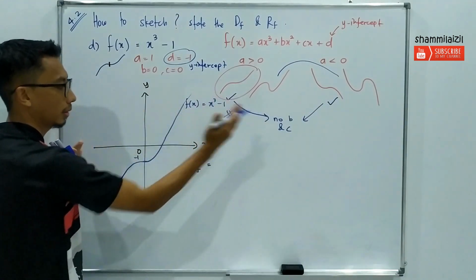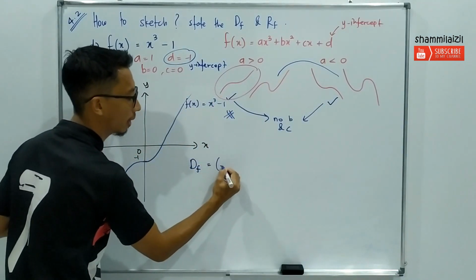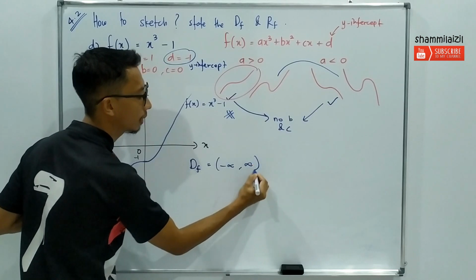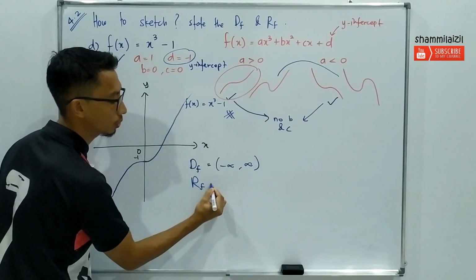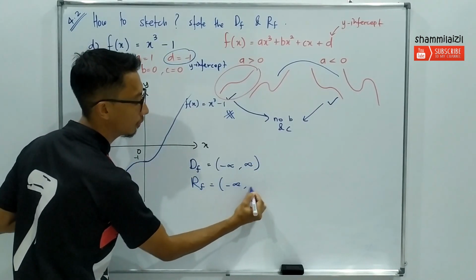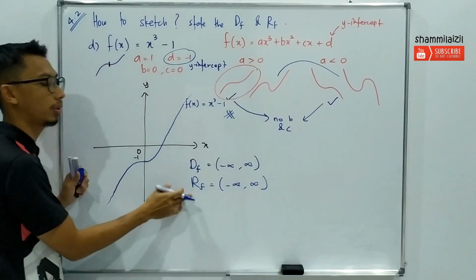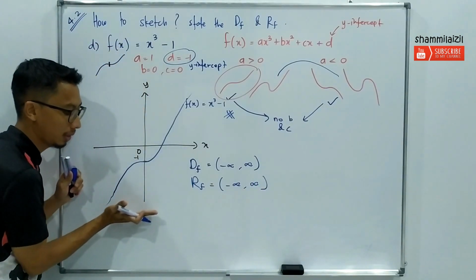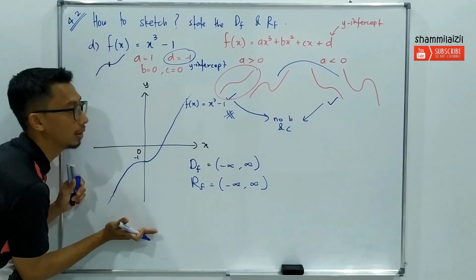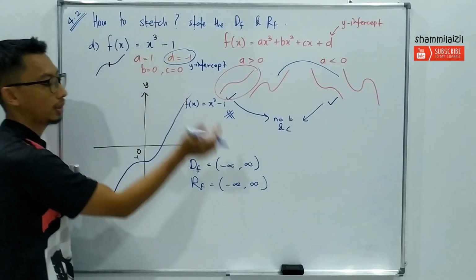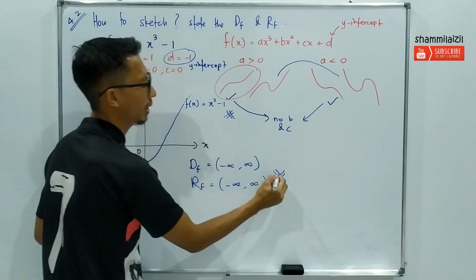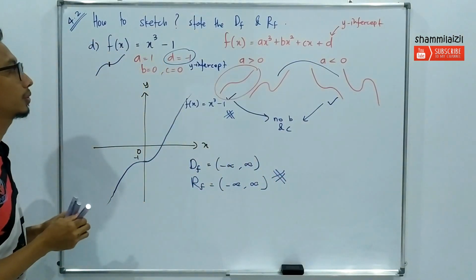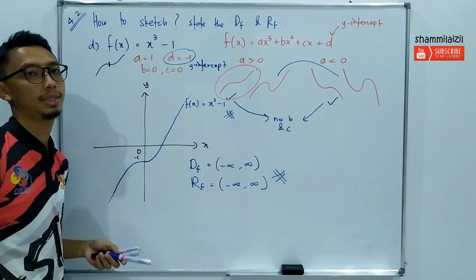And guys, the same goes for your range, from minus infinity to infinity as well, because range is for y values. Vertically, your graph goes from negative infinity to infinity. So these two are always the answer for domain and range for a cubic function.